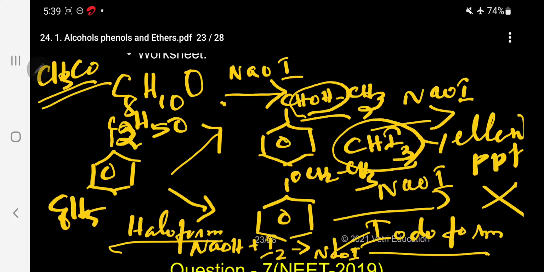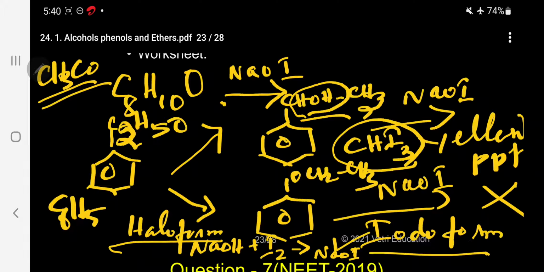Sodium hypoiodide acts as two agents: one is an oxidizing agent, another is an iodinating agent. Suppose in the case of ethyl alcohol, it will also answer the iodoform reaction, but there is no acetyl group.